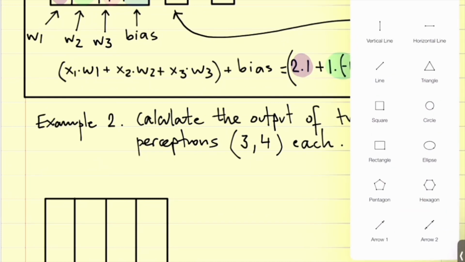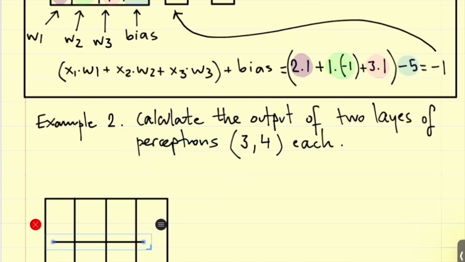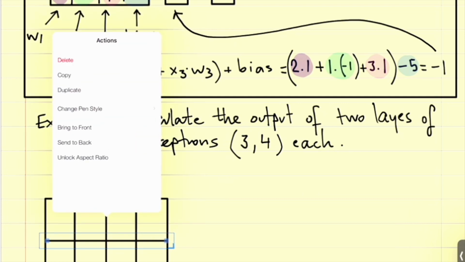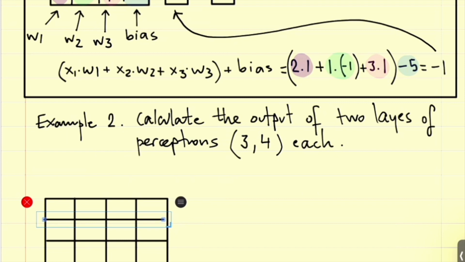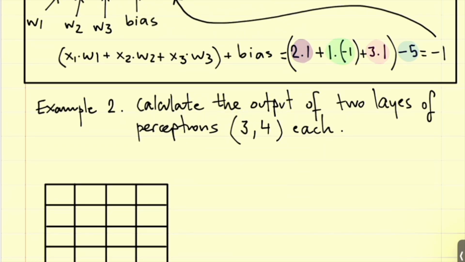I want to do it pretty. So our weight matrix and B. Our layer looks like this, 3 and then 4.